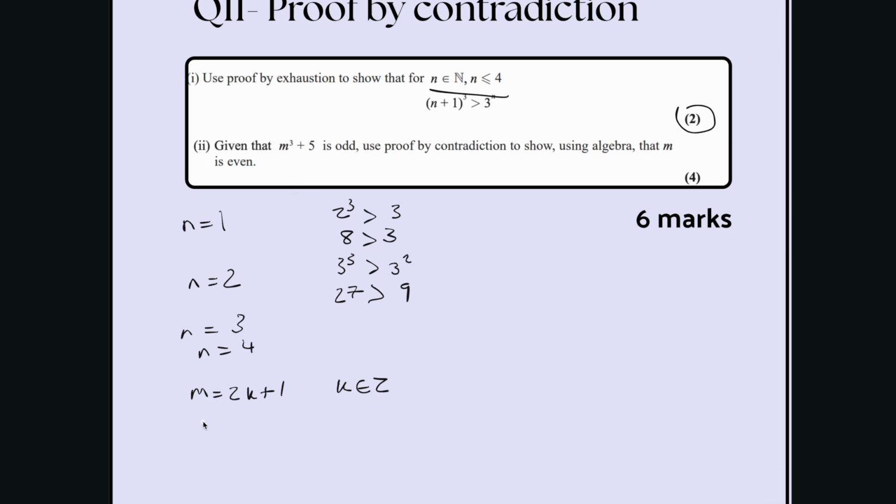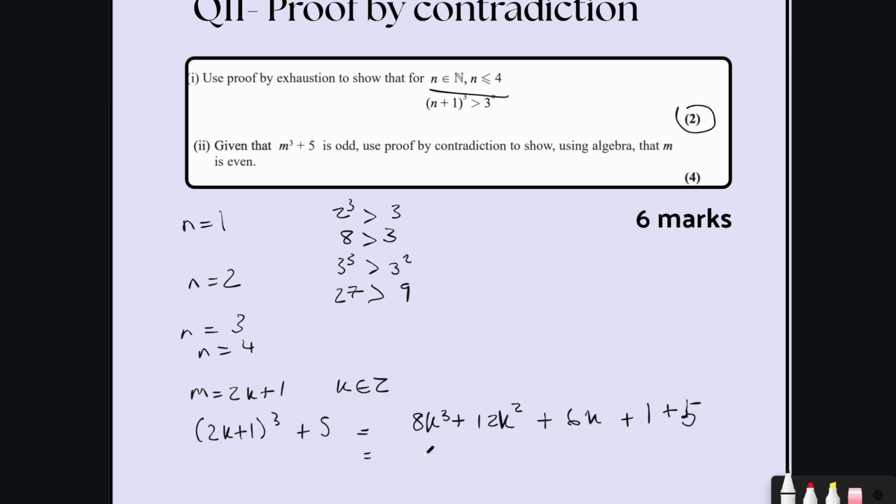So if we expand this to (2k plus 1) cubed plus 5, expand and simplify, you can also use binomial expansion to do it as well. Plus 6k plus 1 plus 5.